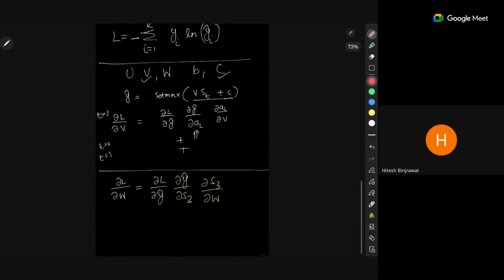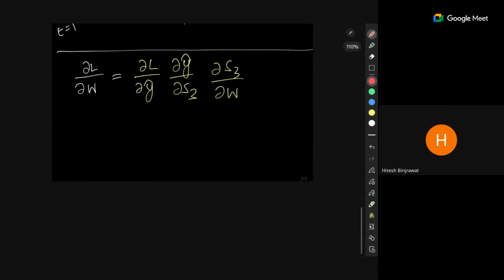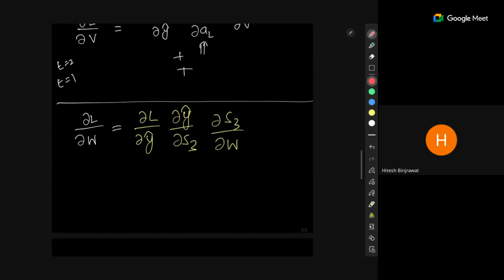So what I'm saying is that this was one component, and the other is that I should go from S3 to S2, then from S2 I can get another W, right?